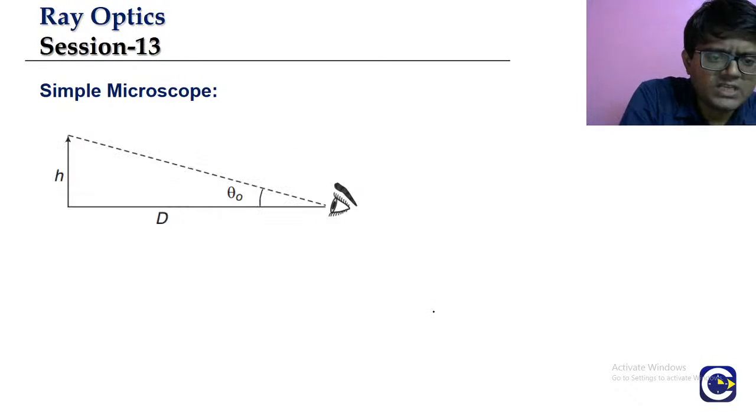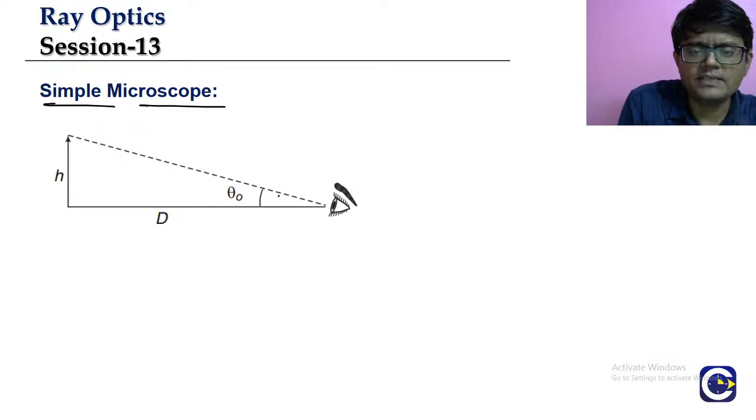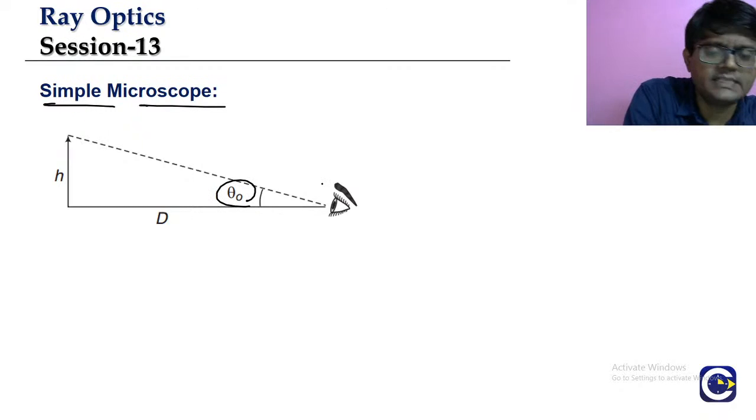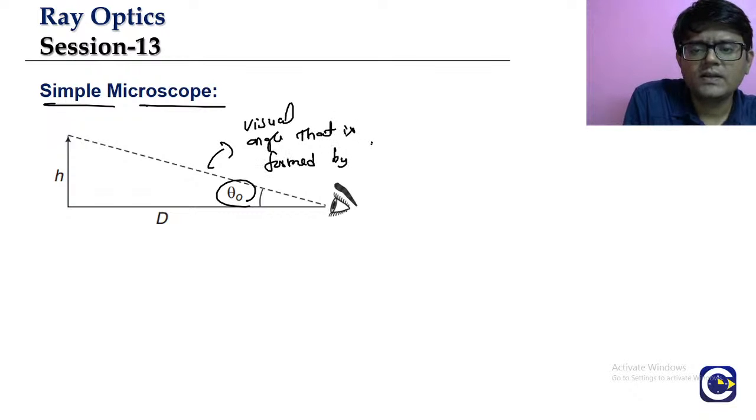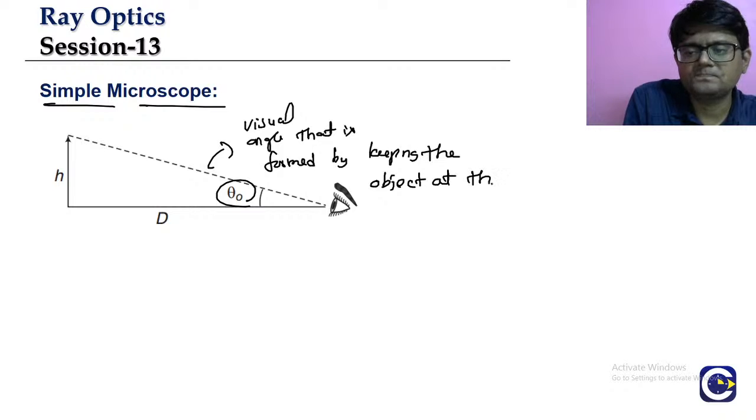Okay, so before we go to the simple microscope, we'll just look at this theta naught value. What is this theta naught? This is the visual angle that is formed by keeping the object at the near point.